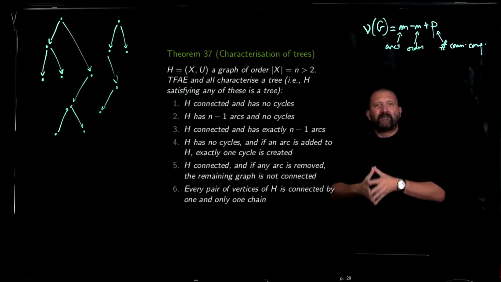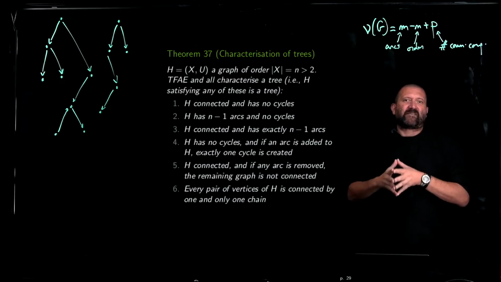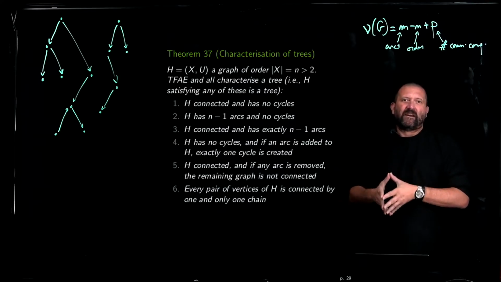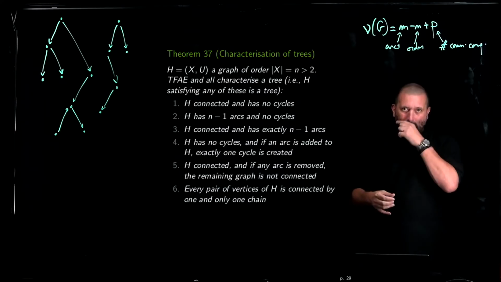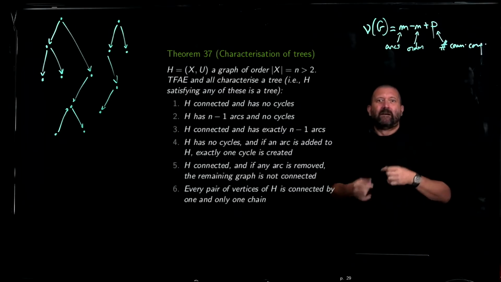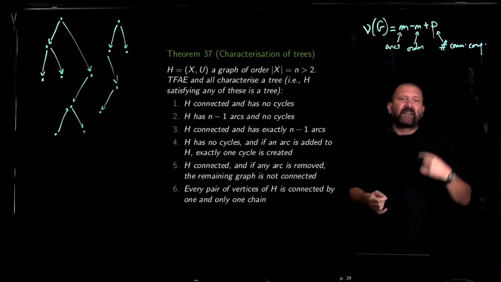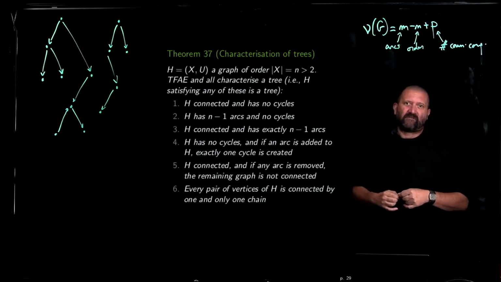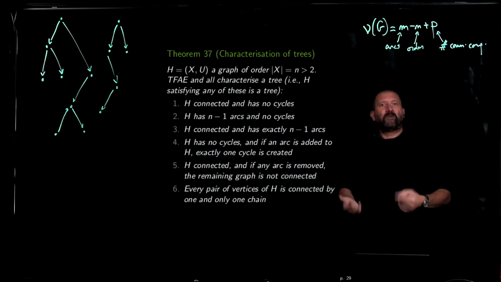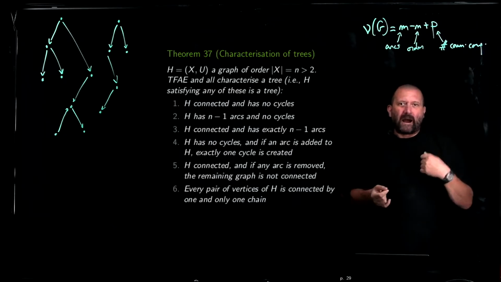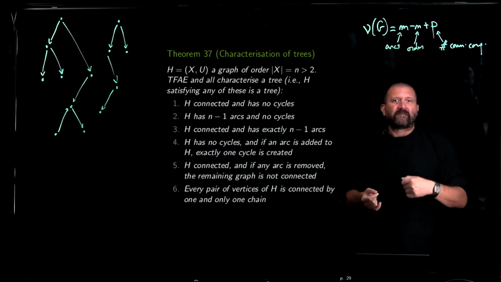The second is that H has n-1 arcs and no cycles. The third is that H is connected and has exactly n-1 arcs. Fourth, H has no cycles, and if I add an arc to H, then I create one cycle.